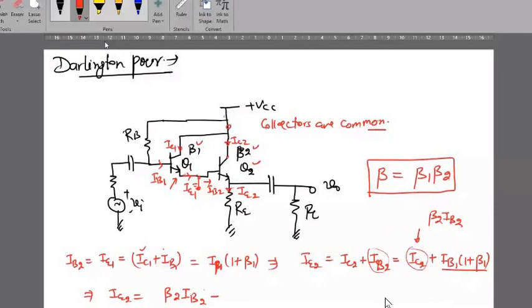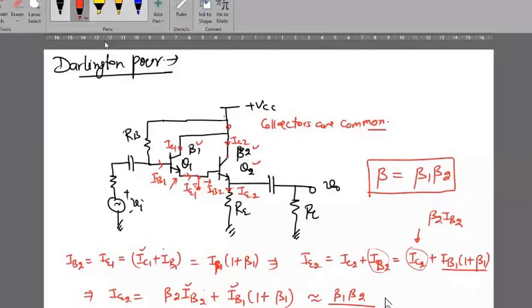And if you approximate, since this base current value is very small, if you approximate this whole expression, then in that case it will be equivalent to beta 1 times beta 2. You can think of it. Okay, well, this is fine.